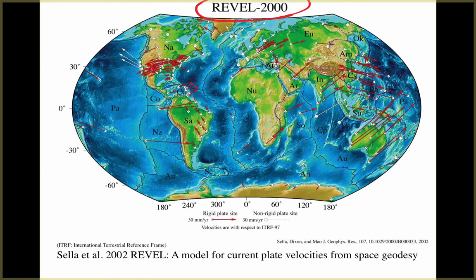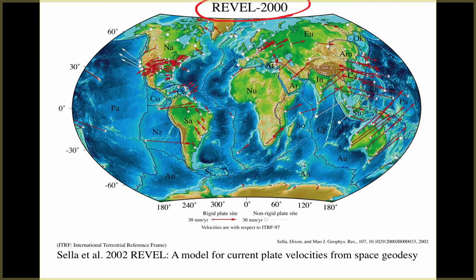Some plates, like the Scotia Arc, are very poorly determined. They may have no land masses on them. Other plates are very well determined. This model only averages over the last 10 to 20 years.